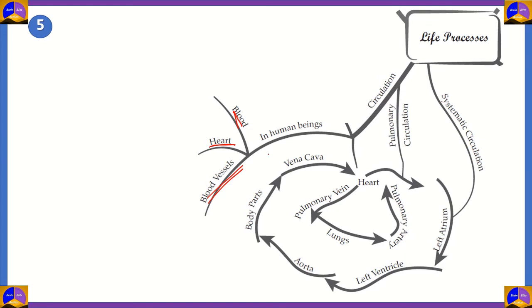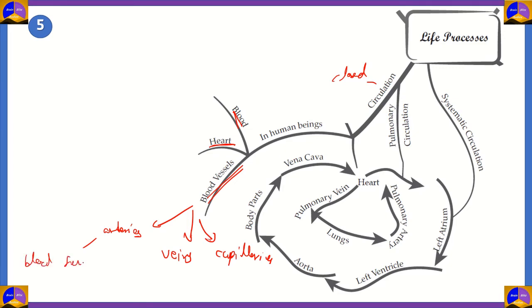So note that in human beings, the circulation is closed, so that means it passes through specific vessels and not through the open gaps of the body. Now, blood vessels are again divided into arteries, veins, and capillaries. So the primary function of arteries is to transport blood from the heart.